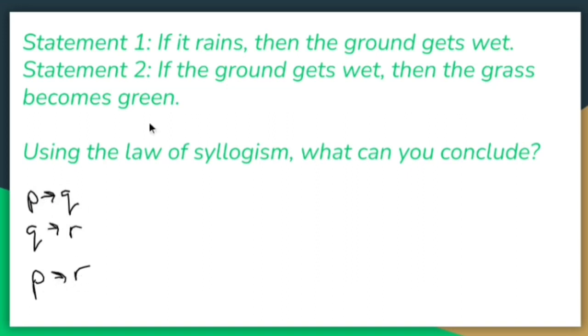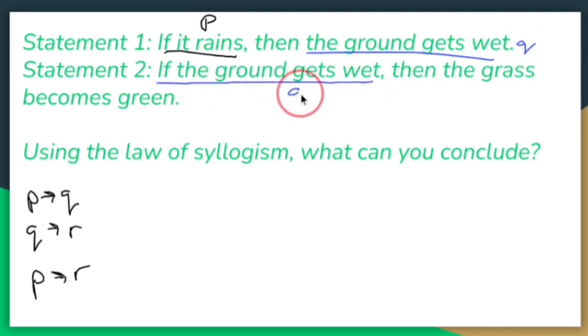Law of syllogism. If it rains, then the ground gets wet. Neat. If the ground gets wet, then the grass becomes green. Neat. Using the law of syllogism, what can you conclude? Well, if it rains, that's P. Q is going to be the ground gets wet. The second statement starts out with if the ground gets wet.